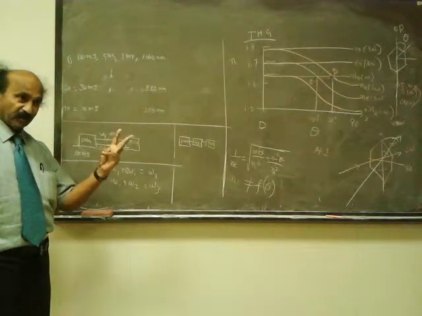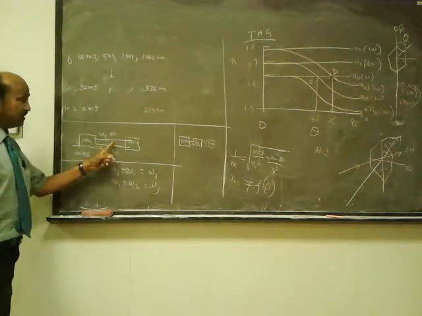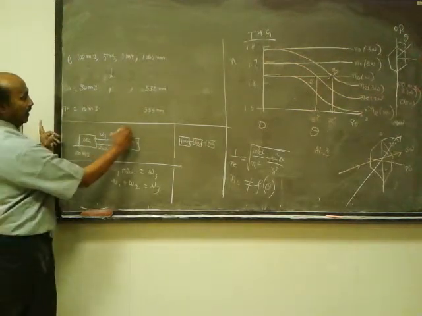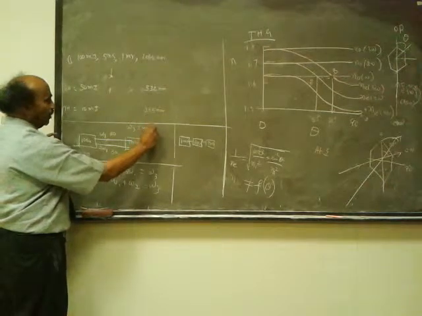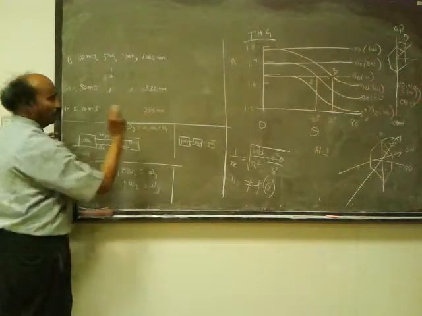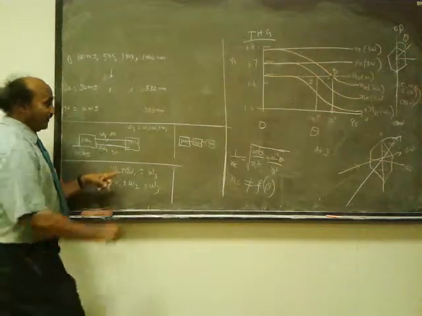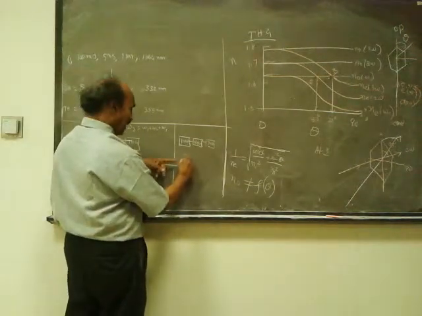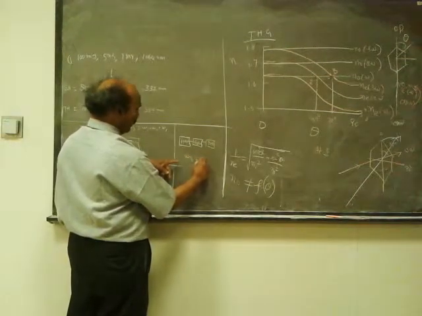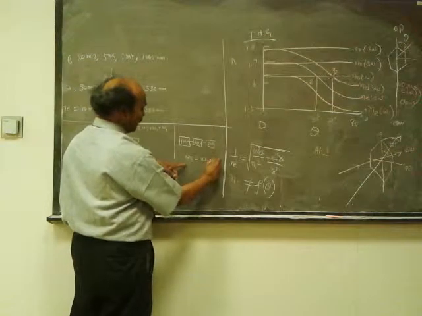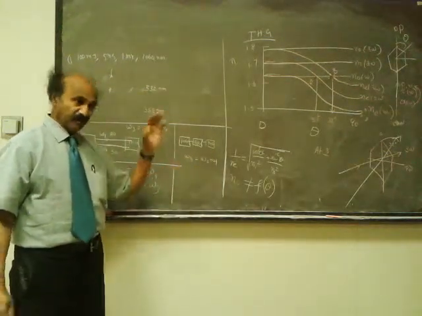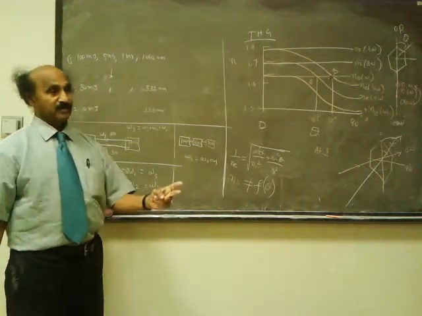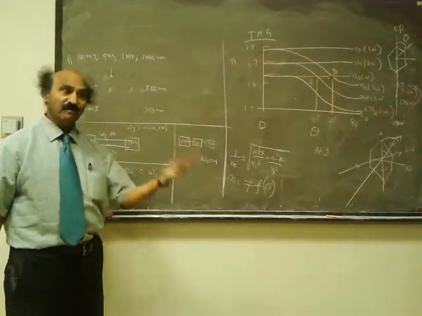Because I produce omega 3, which is omega 1 plus omega 1 plus omega 1. Whereas here, I get the same omega 3 as omega 2 plus omega 1, right? This is a 2-photon interaction. Always 2-photon interaction is stronger than 3-photon interaction.